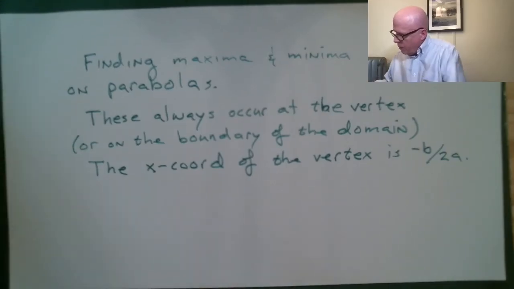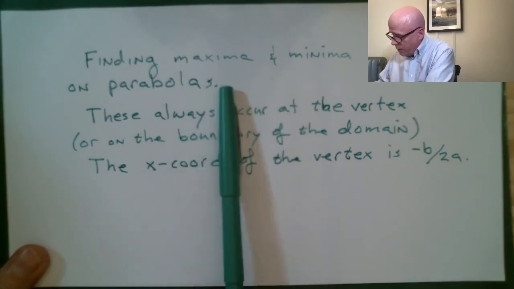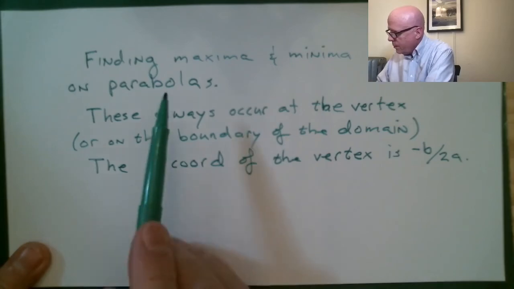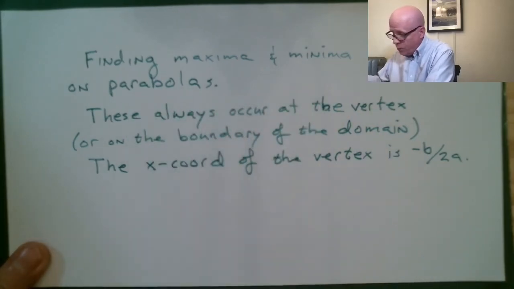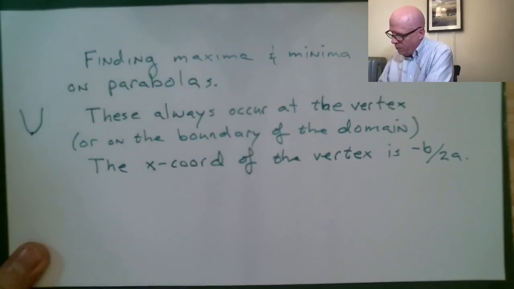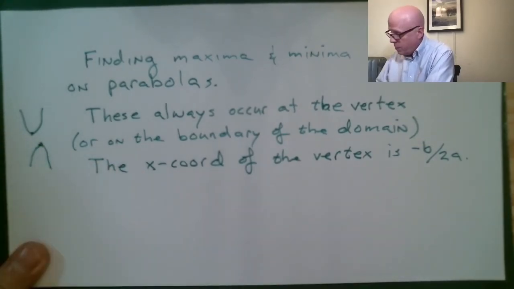As we often are finding maxima and minima on parabolas, there's a fairly easy way to deal with it. The maxima and minima always occur at the vertex, because think about the shape of a parabola. It's either a U-shaped graph with a low spot on it, or it's upside down and it's a U-shaped graph with a high spot on it.